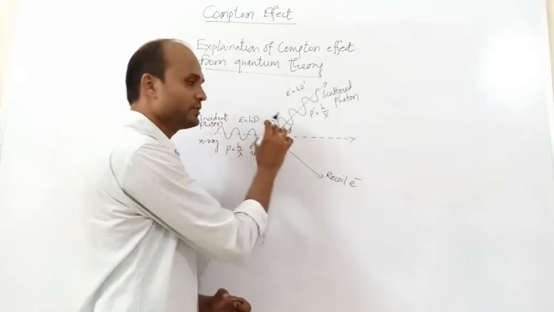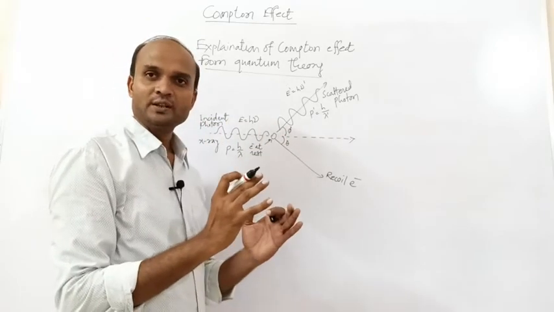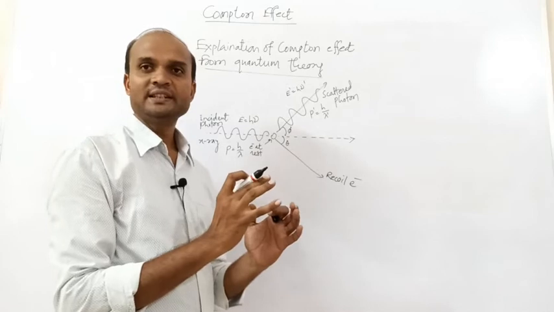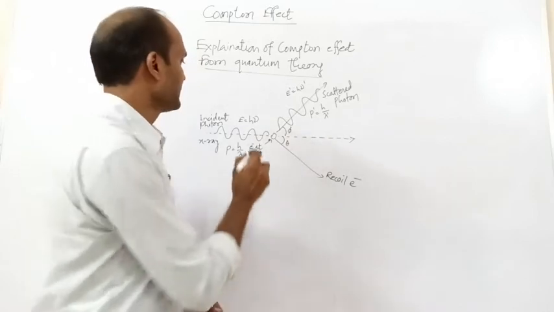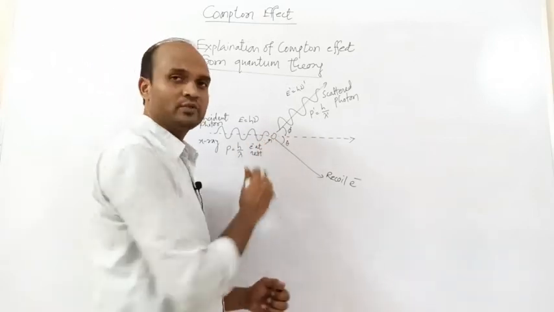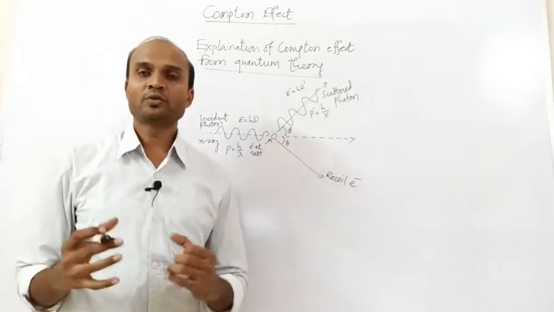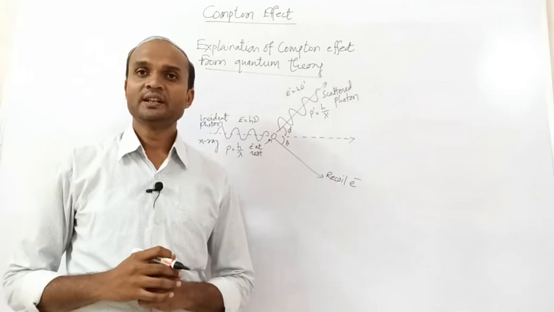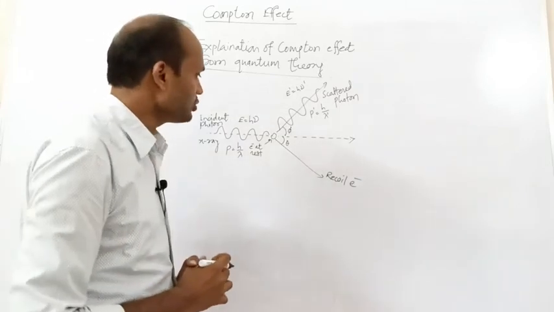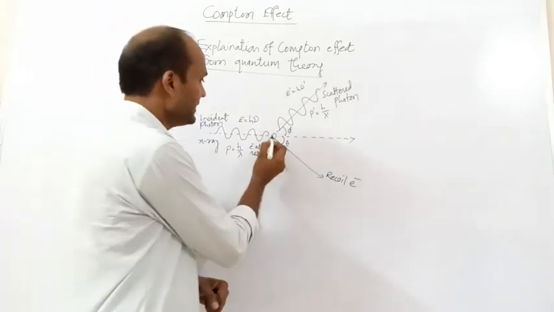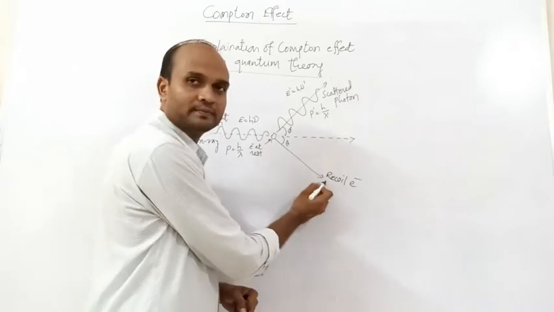This photon strikes the electron which is free to move, but is at rest. As soon as that photon strikes the electron, there is an elastic collision, and because of this collision, what will happen? That electron will get recoiled.